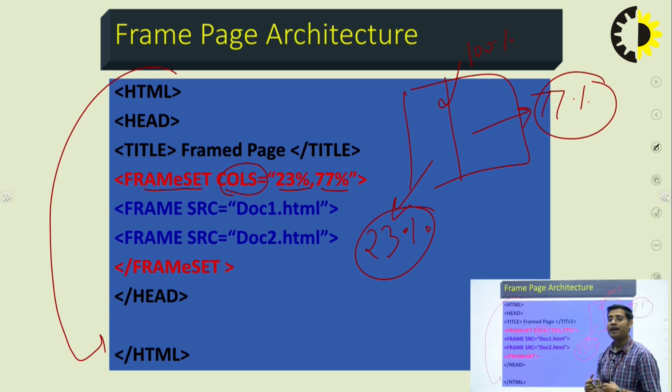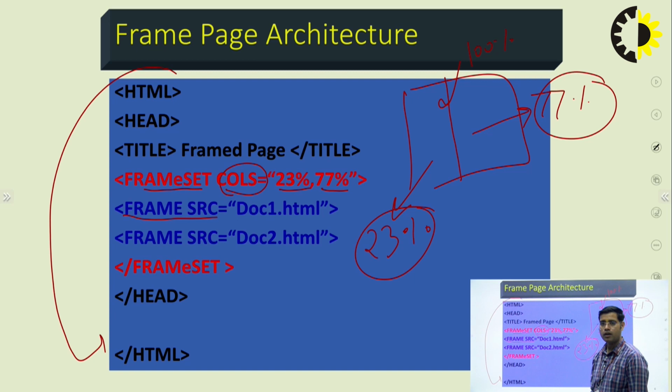So after dividing the browser screen, we have to implement multiple web pages onto these multiple panes. How can we insert the multiple web pages inside these particular panes? Through the command frame src.